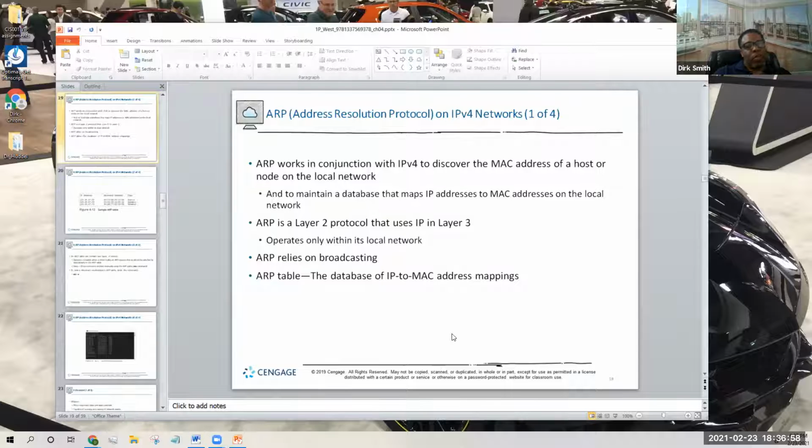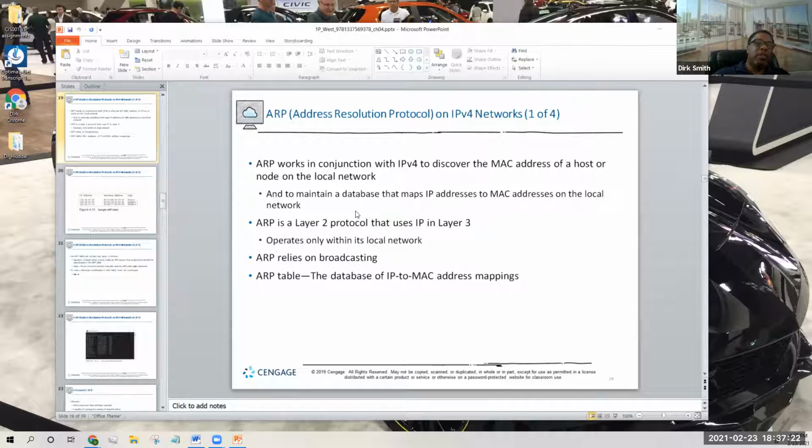Address Resolution Protocol. This is one that you will hear a lot in networking, and you should get familiar with it. They call it ARP. It works in conjunction with IPv4, and it discovers the MAC address of the host or node on the local network, and it maintains a database that maps all the IP addresses to the MAC addresses.